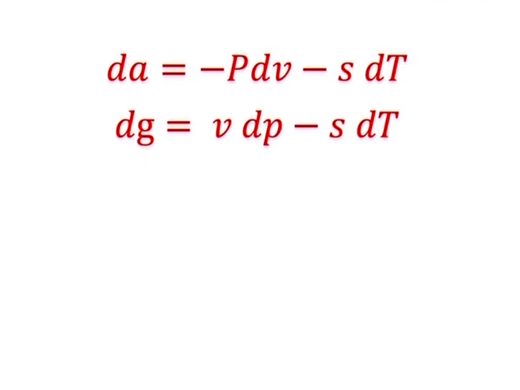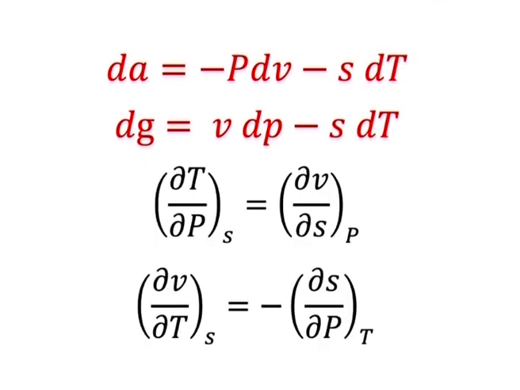Similarly, from these two equations it follows that partial derivative of s with respect to v keeping t constant is equal to partial derivative of p with respect to t keeping v constant, and partial derivative of v with respect to T keeping p constant is equal to minus partial derivative of s with respect to p keeping T constant.